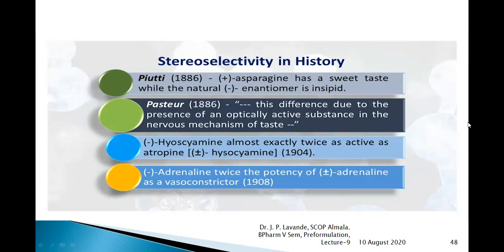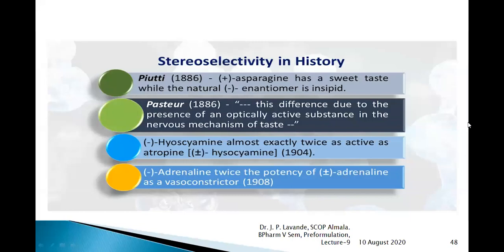The positive form is sweet in taste, and the negative enantiomer is insipid. Pasteur, in 1886, attributed this difference to the presence of an optically active substance in the nervous mechanism of taste.